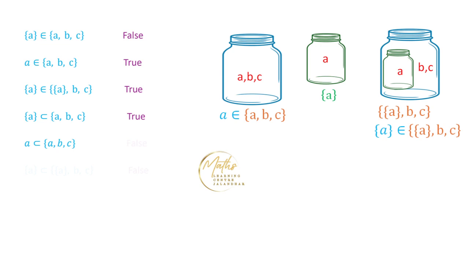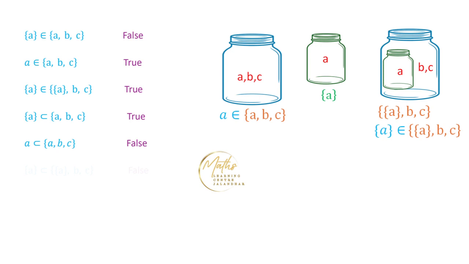I am again explaining this situation. We are saying element A is a subset of the set containing elements A, B, C. There is no meaning of this term because whenever we are talking about subset, both these should be sets. But in this case, this is not a set, this is an element that we have. So this statement is false.